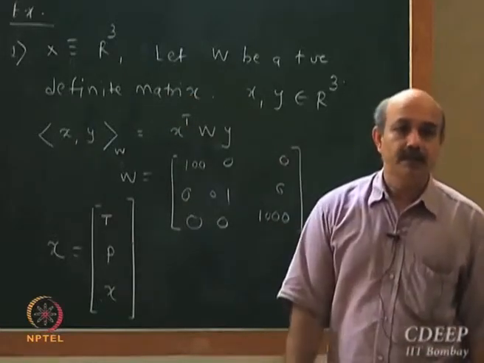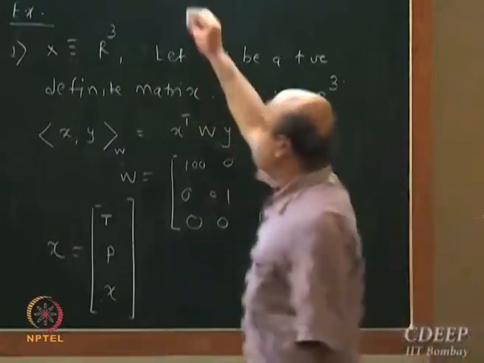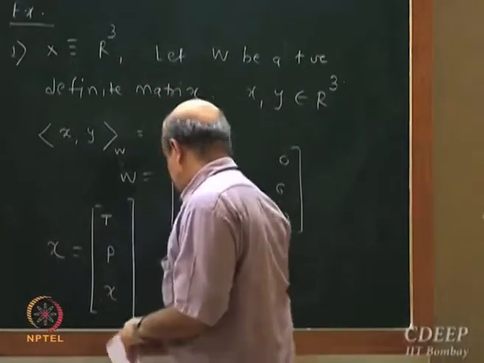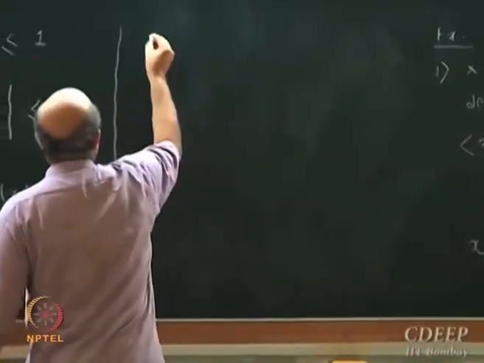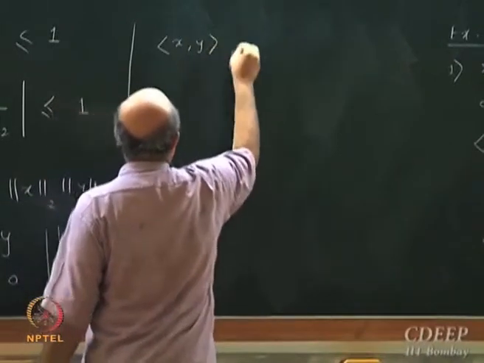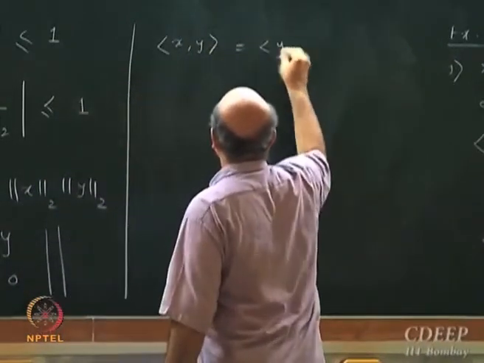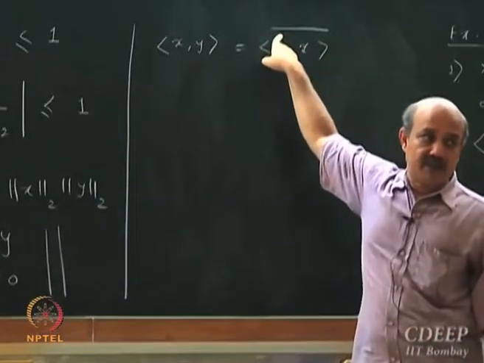Now let's see whether this particular inner product satisfies the properties that are specified. What is the first property? Just go back and look at it. My first property is that x y should be y x bar, but we are not working with complex numbers.